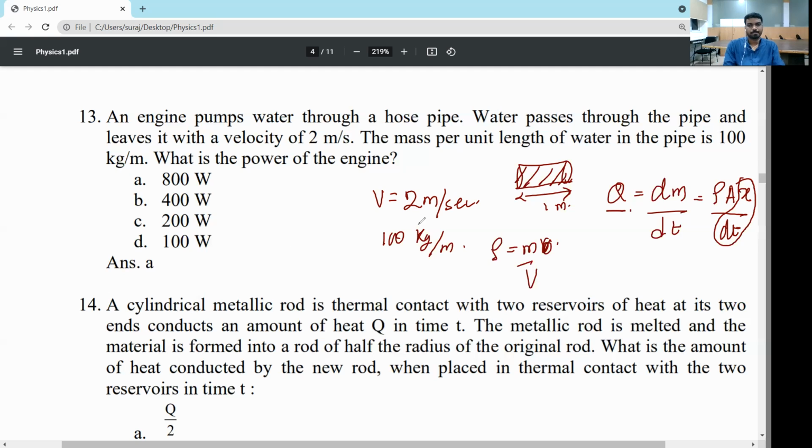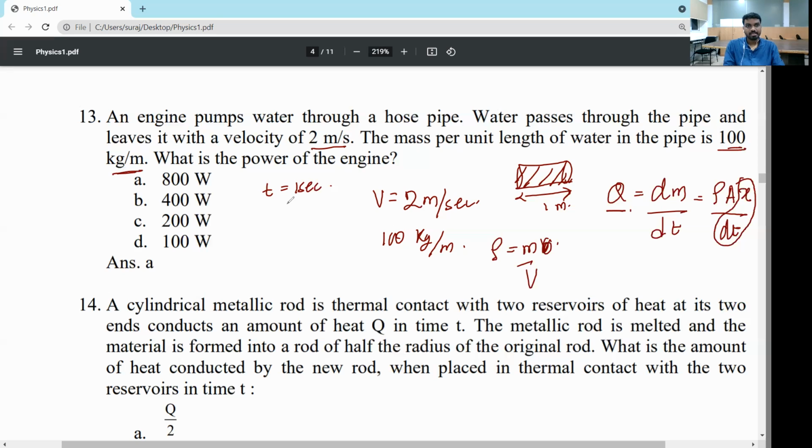Or you can do it like this. Velocity is already given, 2 meter per second. Work done will be how much? See, time is 1 second. Mass per length of water in the pipe is 100 kg per meter.